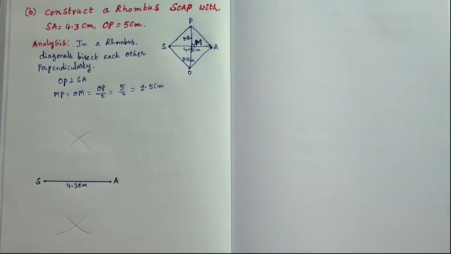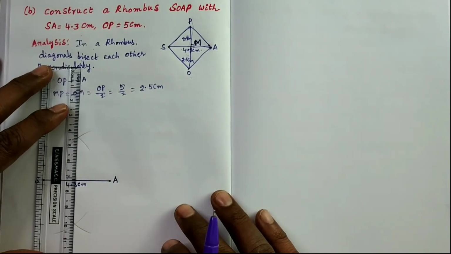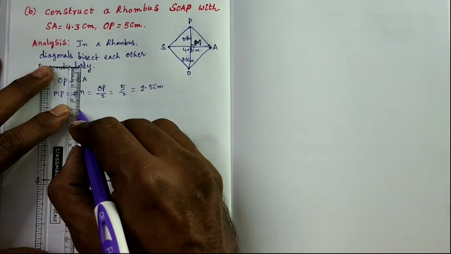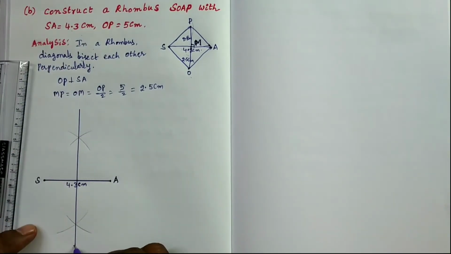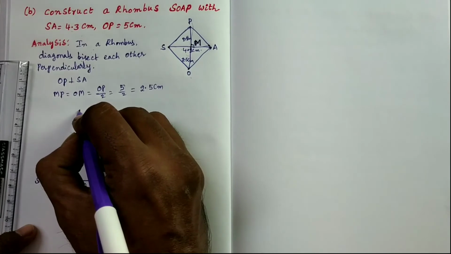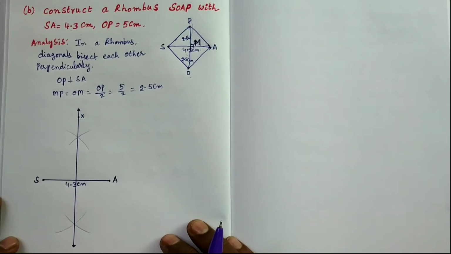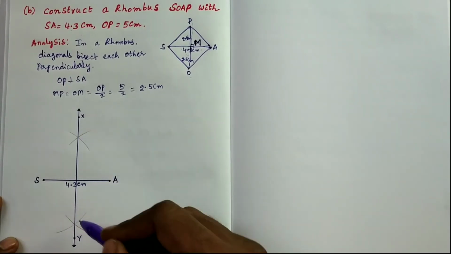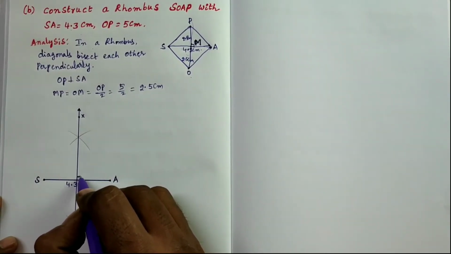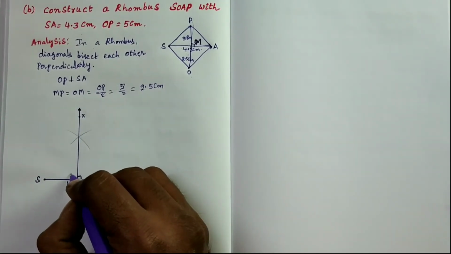Through these intersecting points of arcs, draw a line XY. This is called the perpendicular bisector of the line segment SA. Take the intersecting point as M.